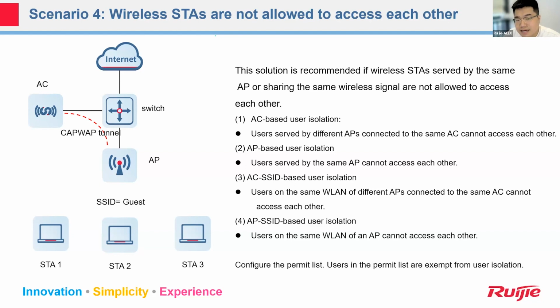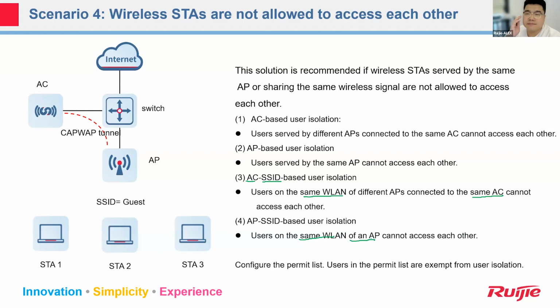AC SSID-based means users on the same WLAN, pay attention, same WLAN means the same SSID, of different APs connected to the same AC cannot access each other. And AP SSID-based, from the name, means users on the same WLAN and of the same AP cannot access each other.